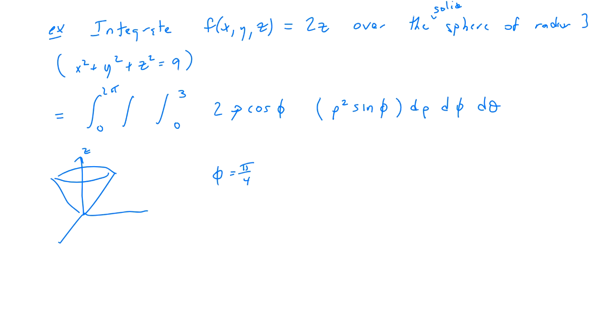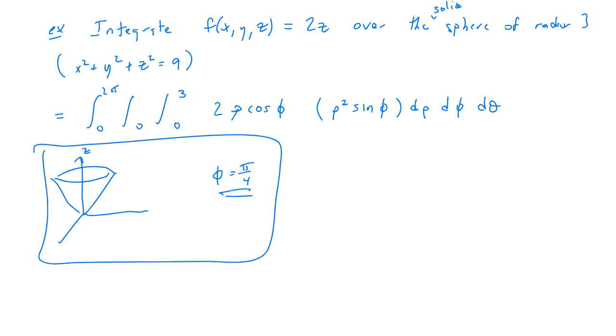So this starts at 0, but where does it end? So in some ways you should be guessing not 2 pi, because otherwise I would have just put that in. So what's the upper limit going to be? Well, if it's pi over 4, we're going to get this whole thing.